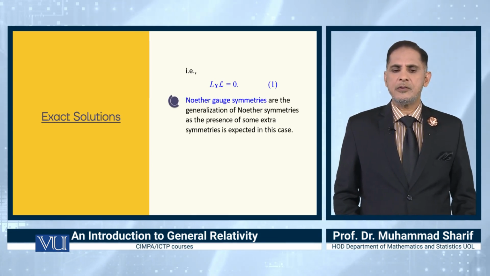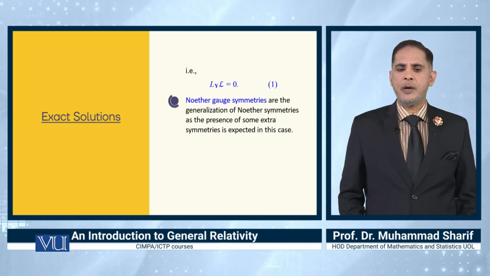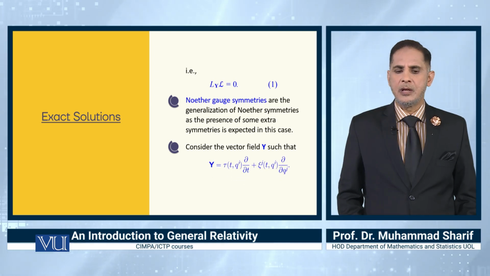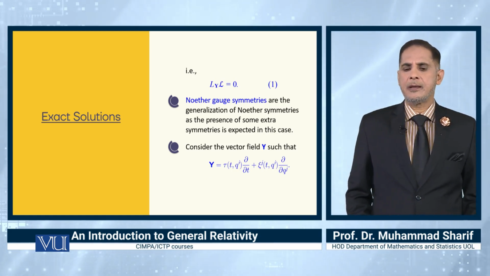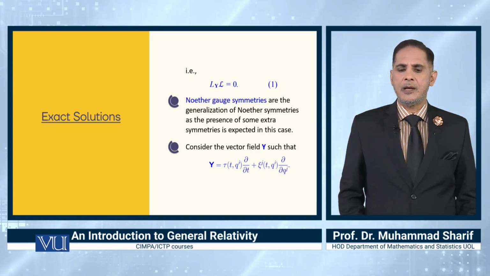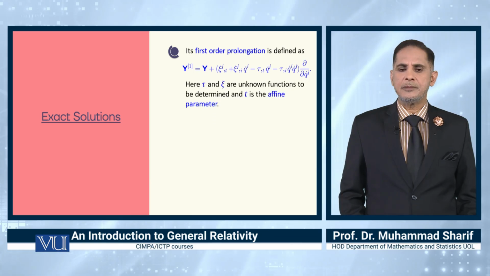Next are the Noether gauge symmetries. These are generalizations of the Noether symmetries, as the presence of some extra symmetries is expected in this case. So, we consider again a vector field Y such that Y is equal to some function tau, which depends upon time and generalized coordinate, and xi, which depends upon the time and generalized coordinate. And here its first order prolongation is defined as follows.